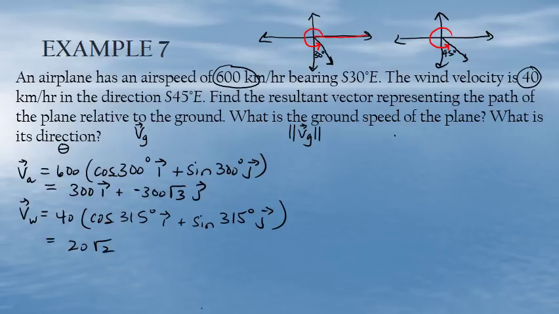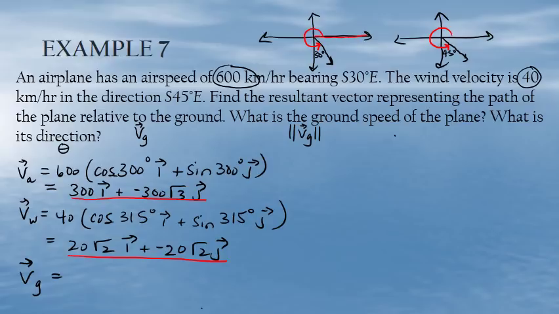Verify that you get the same as me, 20 root 2i plus negative 20 root 2j. And so the velocity vector for ground speed is simply the sum of this vector for airspeed and this vector for wind speed.